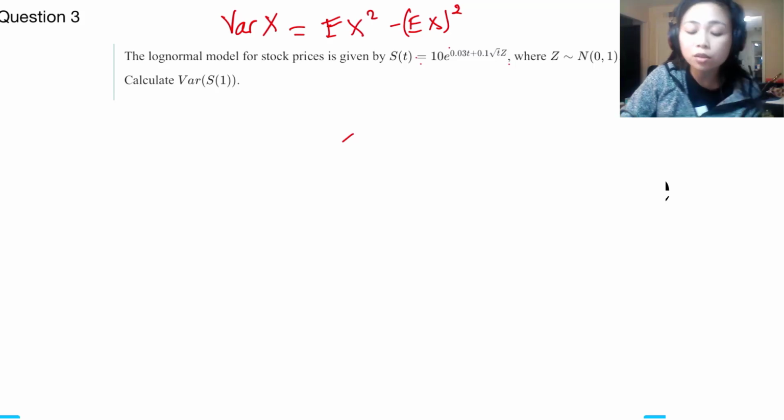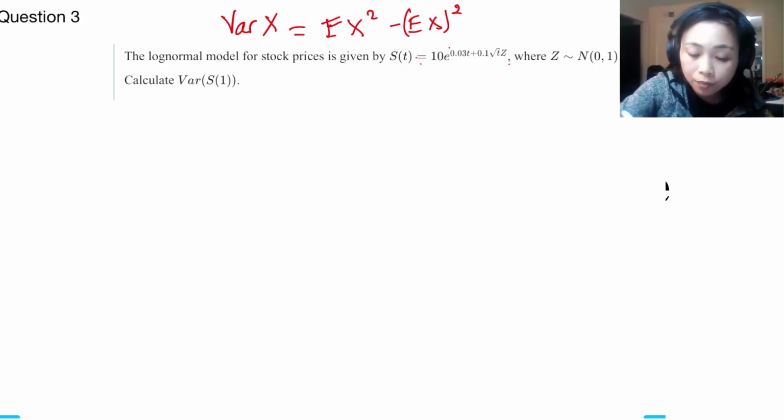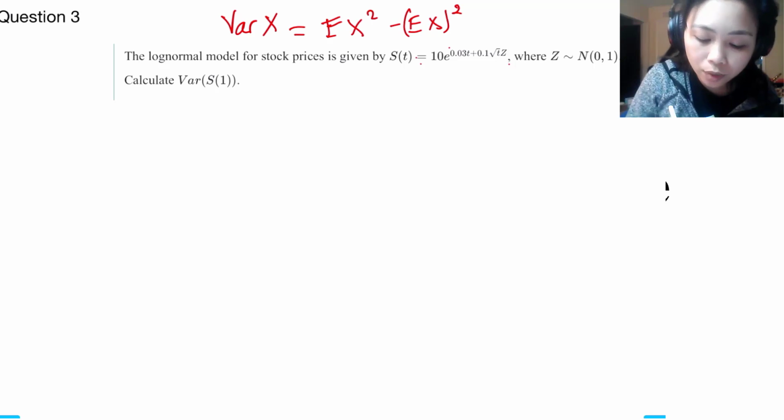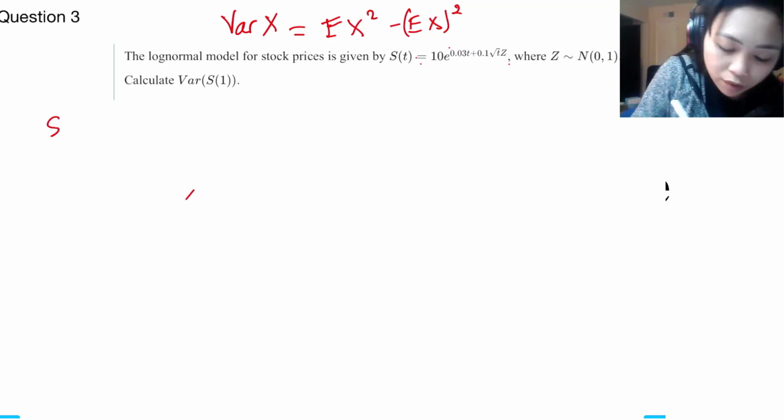Alright, so here we work on S sub 1. So let me write down the equation of S sub 1. S sub 1 is equal to 10 e to the 0.03. T here is 1, so oh, my bad. It should be S sub 1, okay? S sub 1, not S sub t, because we already got S sub t, so I just need S sub 1.